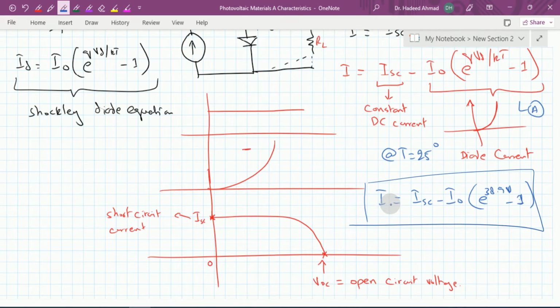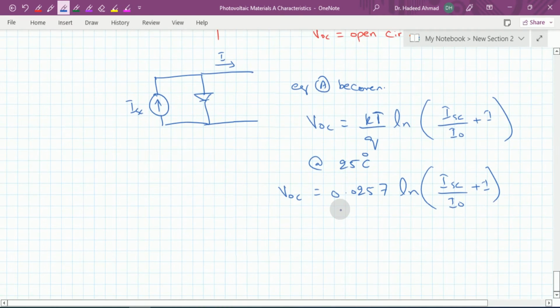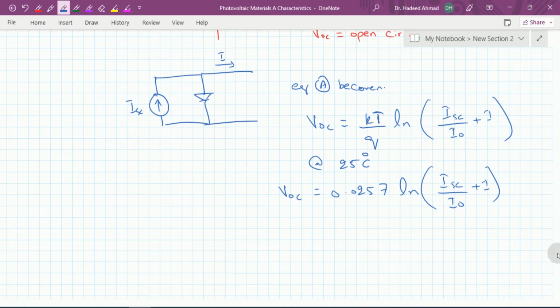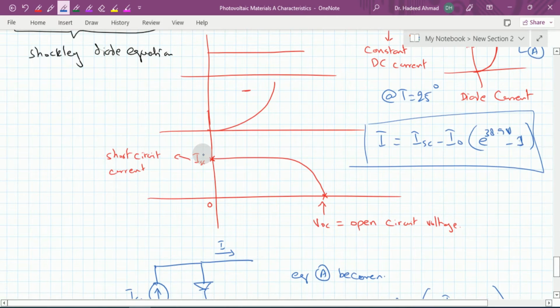From this particular equation as well as the equation for the VOC, we can see that the short circuit current ISC is directly proportional to the amount of solar insolation, which means that if we have a set of irradiance values, we can plot a set of PV curves for any given PV cell.